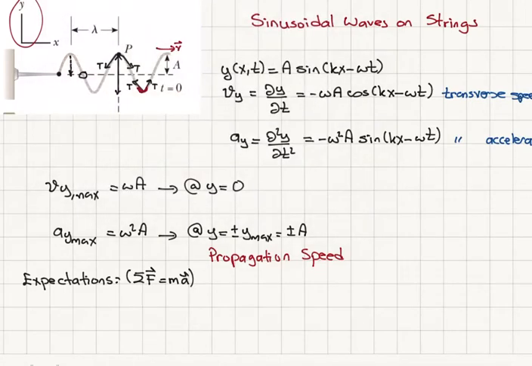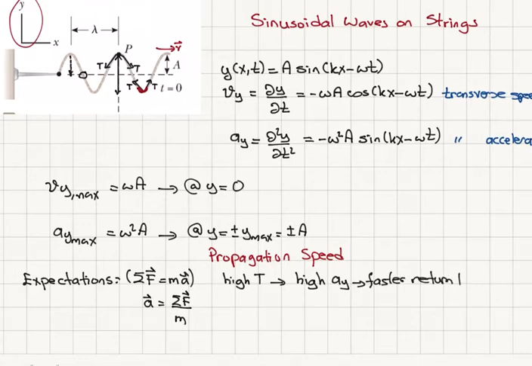Okay, so that means if I have a large force and a small mass, I'm going to get a large acceleration or large transverse acceleration to return to the equilibrium position. So if I have high tension, that means I will have a higher restoring force. Therefore, I'm going to get a high transverse acceleration and faster return to equilibrium.